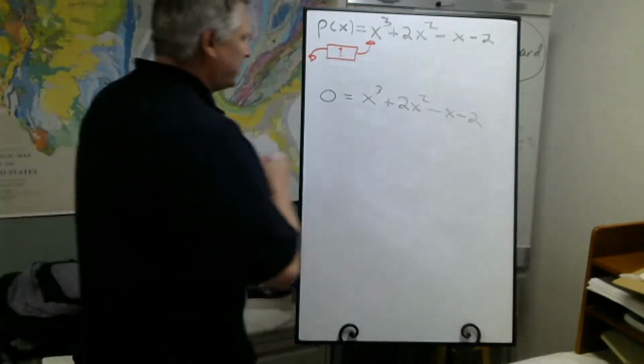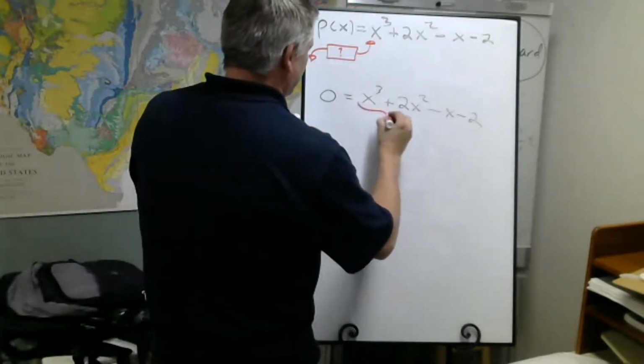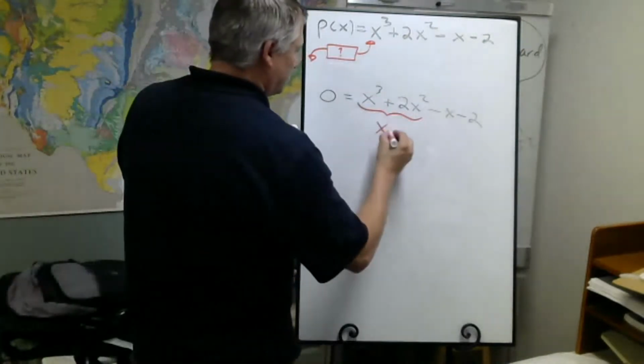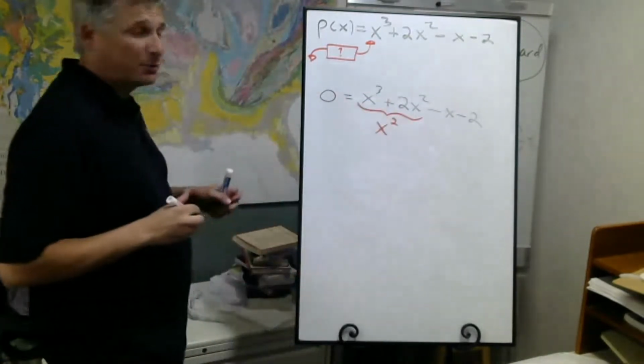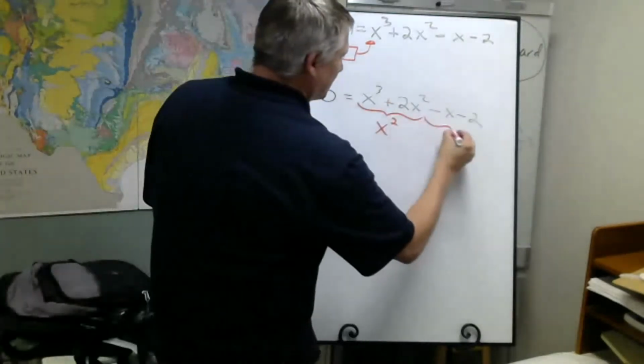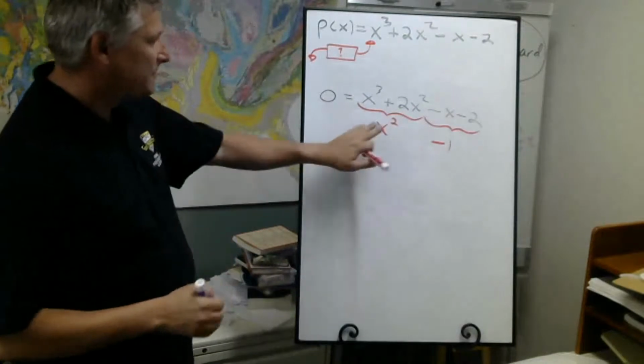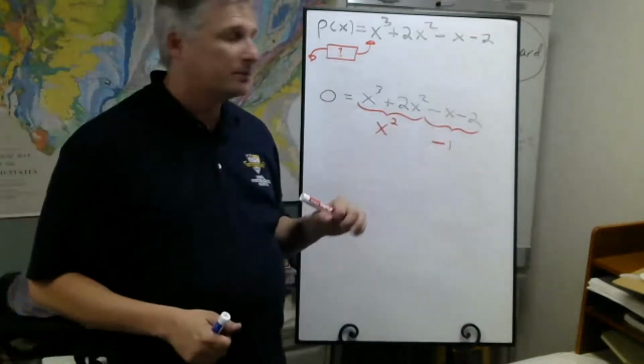So what can we extract from these two terms? What we can extract is an x squared. Both of them contain an x squared. And these two terms, we can pull out a -1. So you have the x squared group and the -1 group.